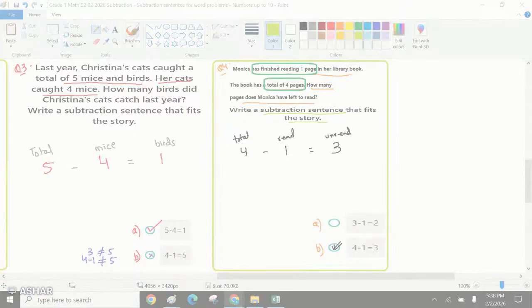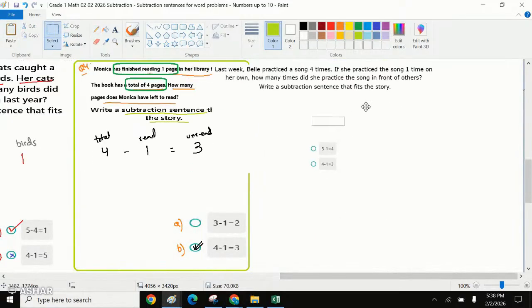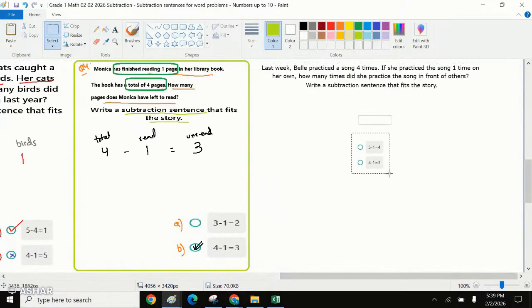The next question says, okay, it's still on Bill practicing a song. Let's see if we can paste here. Yes, we can. So this is our question number 5. And these are the two given options, option A and option B. Last week, Bill practiced a song 4 times.